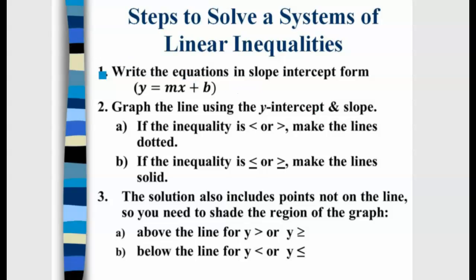So there are a few steps we like to follow when solving a systems of linear inequalities. First, you want to write the equation in slope-intercept form to make it easier to graph. Then you're going to determine if the line is solid or dashed. And then you're going to also determine, do we shade above or below?